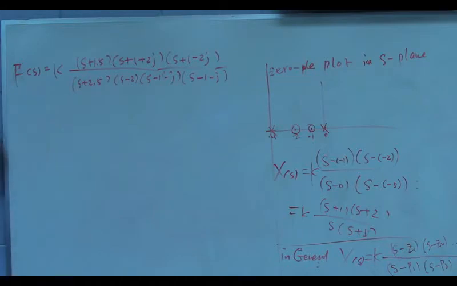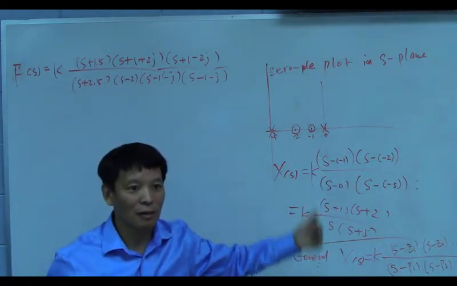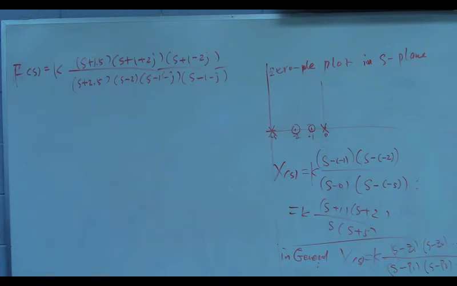That is the Laplace transform. So this example is very simple because all are real. Actually, they must be complex. So now you can see we have complex poles and complex zeros. Okay, I want you to draw the zero and the pole plot.